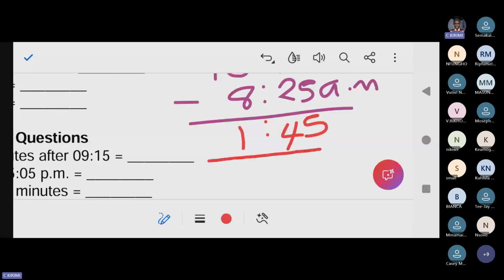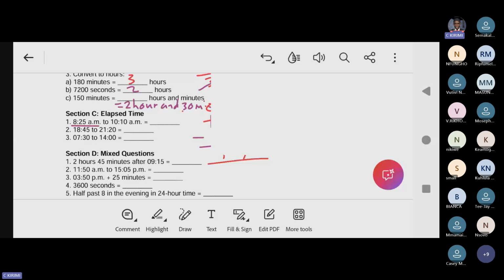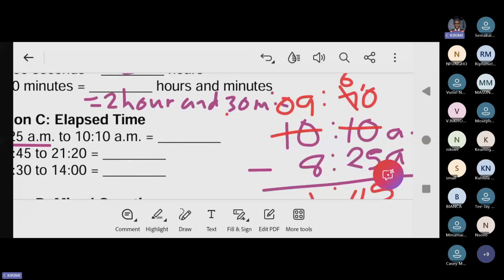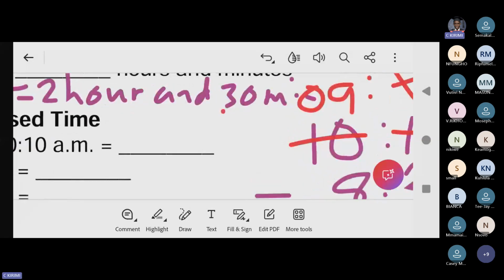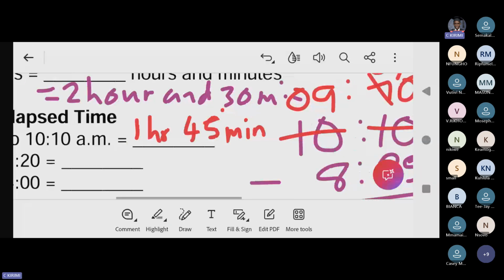That is the time that has elapsed from 8:25, which means 25 minutes past 8 in the morning, to 10 past 10 in the morning. The time that has elapsed is 1 hour, 45 minutes. 1 hour, 45 minutes has elapsed from that given time.